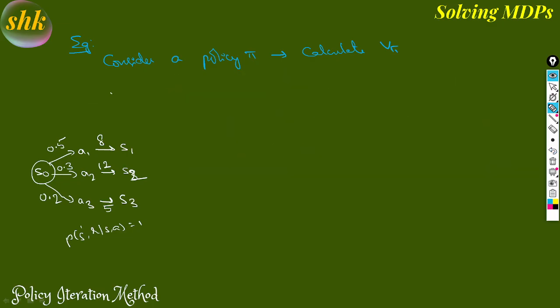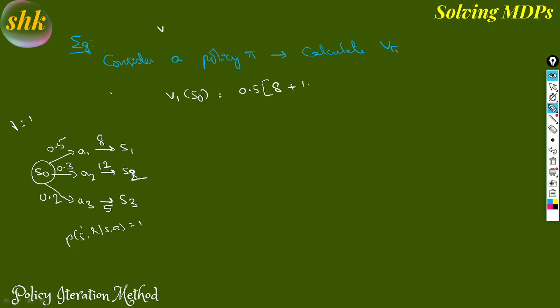So here we are interested to find out the value function V1 for a particular state S0 by substituting the values. The probability of taking an action is 0.5 multiplied with the reward. What is the reward we are having? 8 plus, for simplicity, we will consider gamma equal to 1, multiplied with V0 of S1.